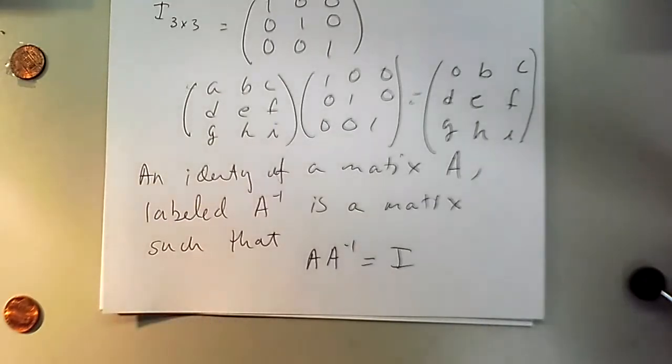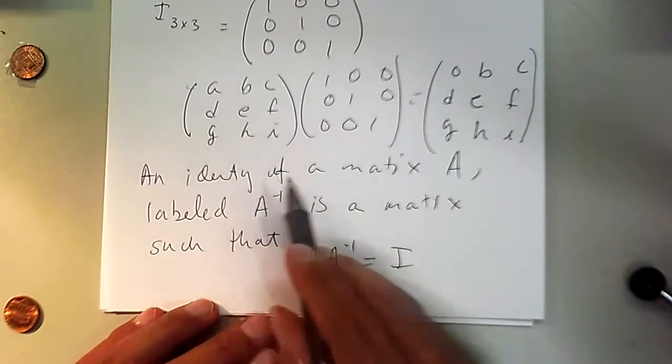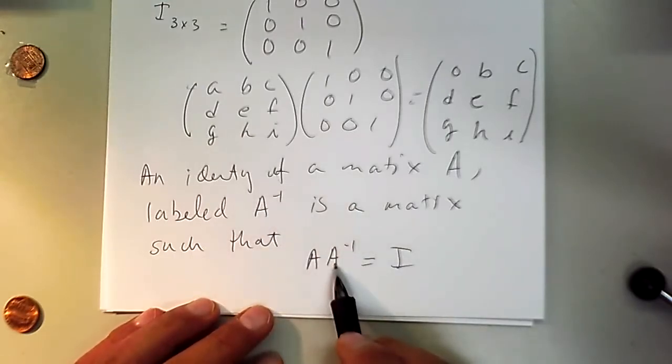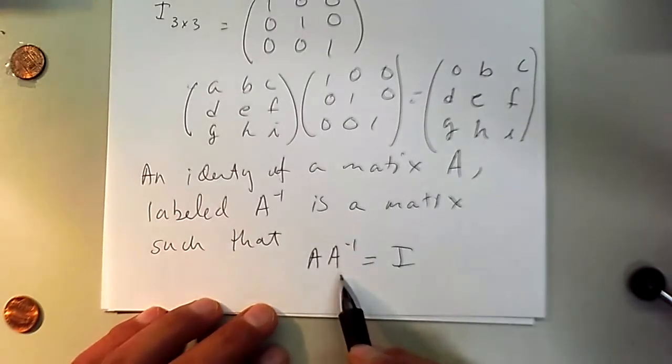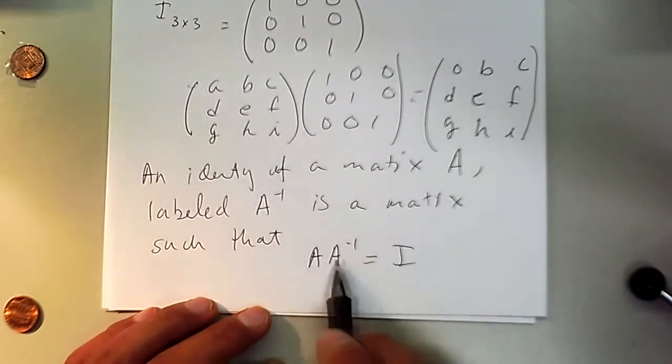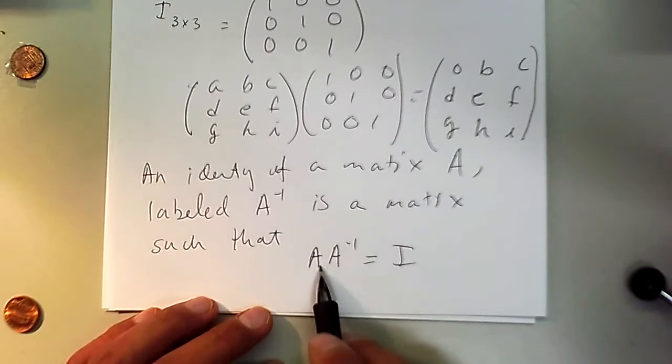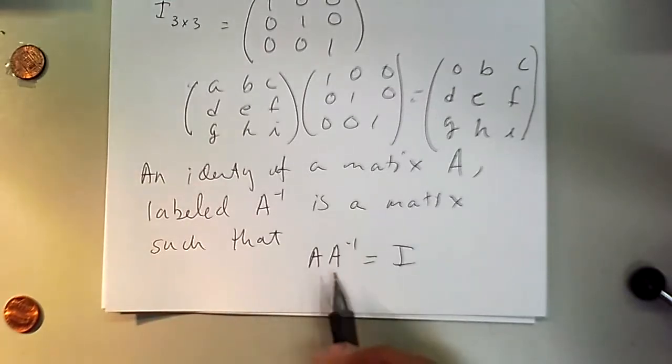I'm just saying defining is independent of existence. You can describe something which does not exist. So we can say this guy does this, but that doesn't necessarily mean that it exists, or that it exists all the time. It may exist sometimes. And that is the case with the inverses. They exist sometimes and sometimes they don't exist, depending on the matrix.